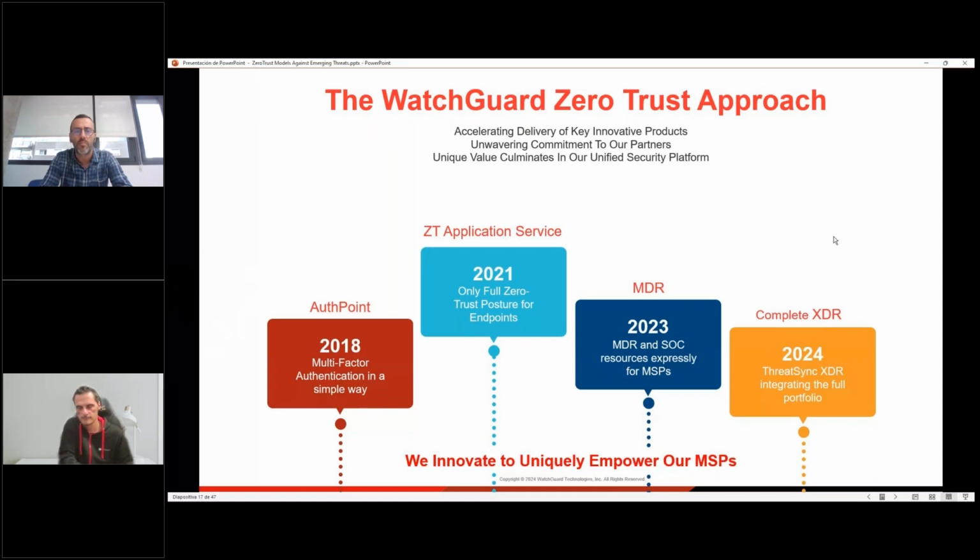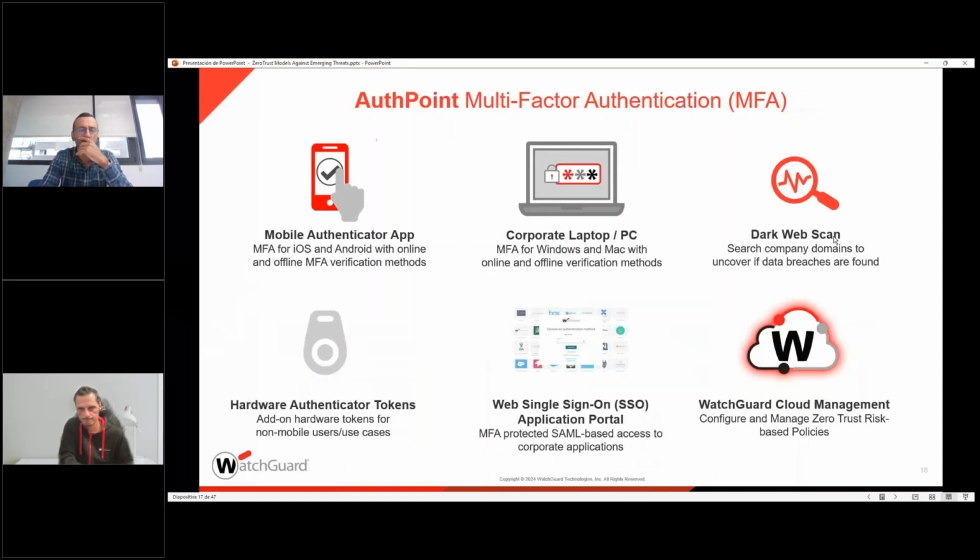So let me talk very quickly about the different solutions that we have in order to implement our Zero Trust approach. AuthPoint, as I said, is our multi-factor authentication solution, and it allows us to add multi-factor authentication for any SaaS application, and also in the corporate laptops or computers. We can add multi-factor authentication when some specific applications are executed or when we log into the PC.